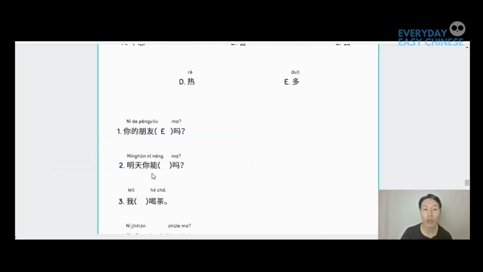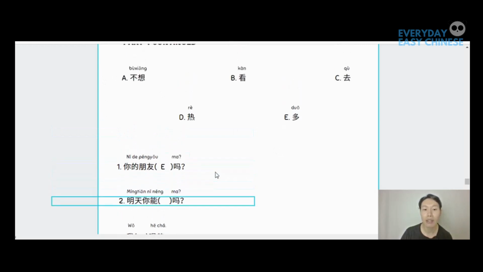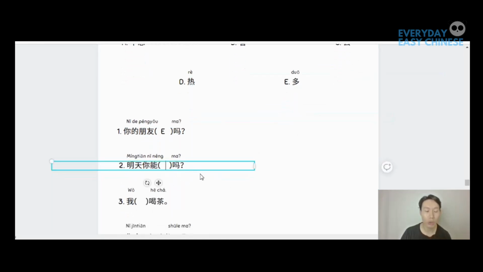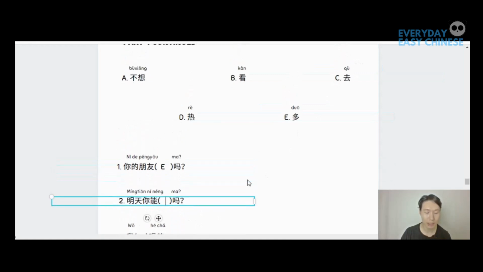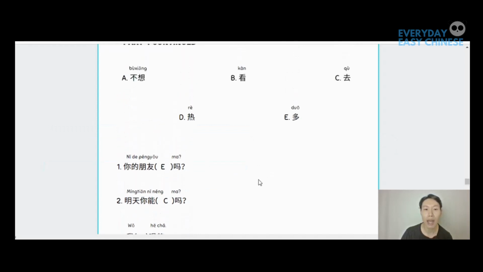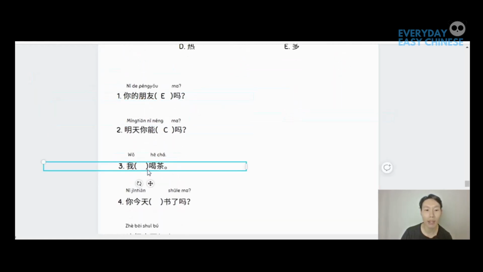And then 2, again, we have 明天你能吗? 明天你能去吗? Can you go tomorrow? This is C. Number 3, 我喝茶. So there's a gap. So we have A. 我不想喝茶.